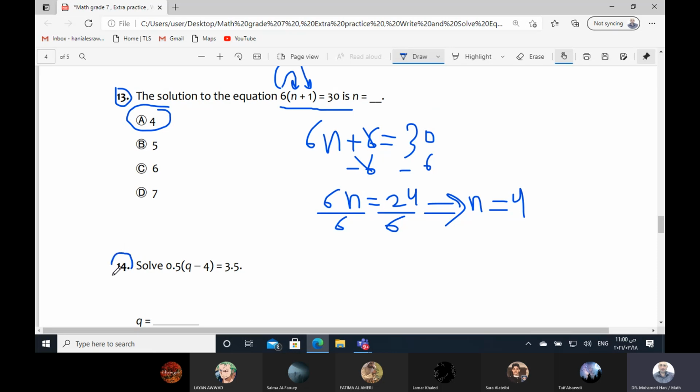Exercise number 14, solve 0.5 multiplied by parentheses q minus 4 equals 3.5.